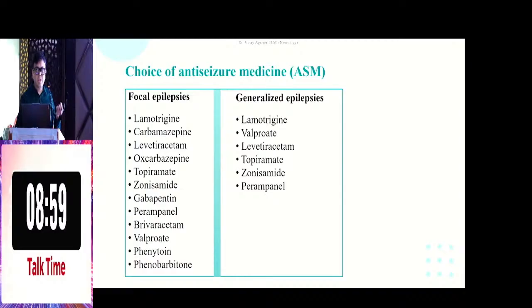It has rashes and severe adverse effects. And in India, it is very difficult to make patients understand that their seizures will get controlled after 1.5 to 2 months. They want immediate results. So for this, levetiracetam is the favorite drug right now for focal epilepsy, and it is again becoming a choice of drug for generalized epilepsy as well.